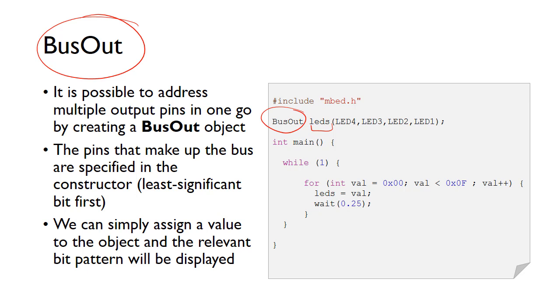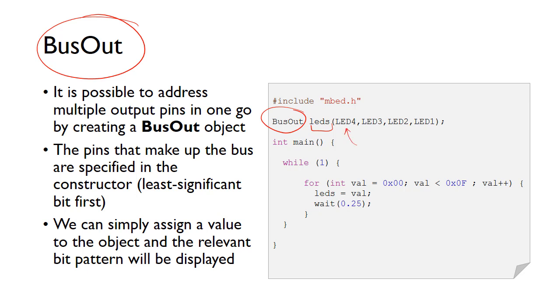For the bus, you can have 2, 3, 4, 5, 6, up to however many you want really. But in this example, it's going to create a 4-bit bus. You can see each of the LEDs is going to be a part of this bus.